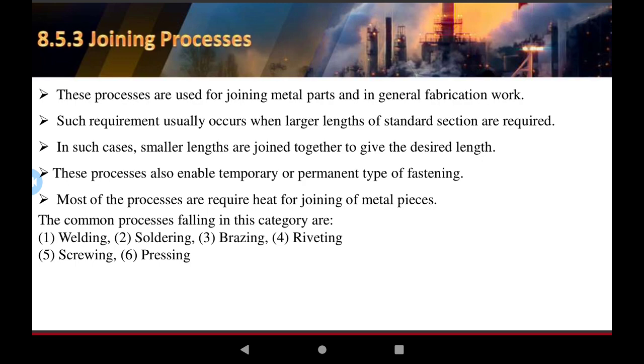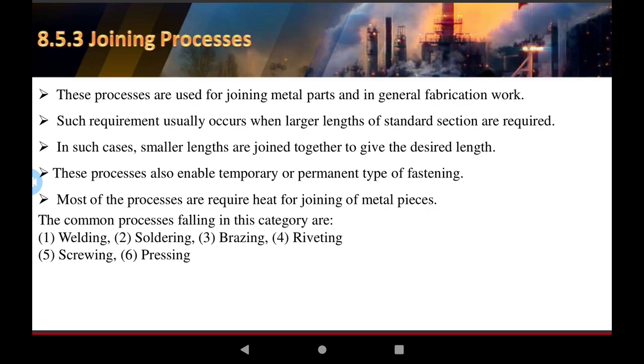This process is used for joining metal parts in general fabrication work, such as when a large length of a standard section is required, and pieces of similar length are joined together to get the desired shape, size, and length.